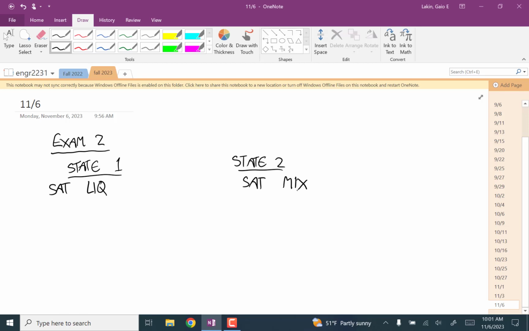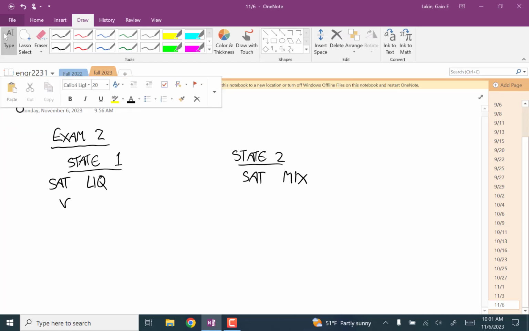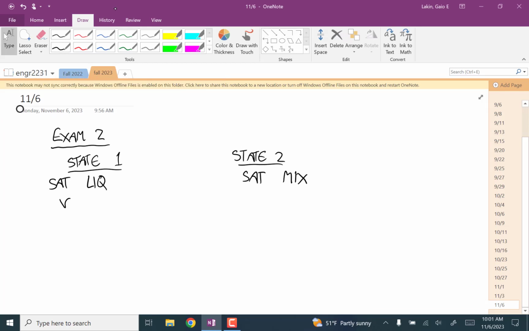The volume starts at, so since it's liquid water at the start and we're given the specific volume for a saturated liquid and a saturated vapor, we know that the specific volume at state 1 is 0.001.